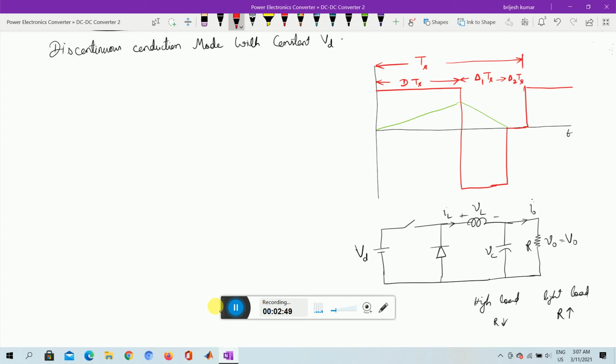In this way we split the time duration, and del 1 is the time during which it is turned off.